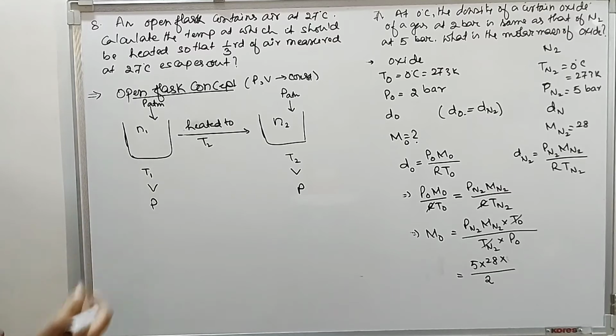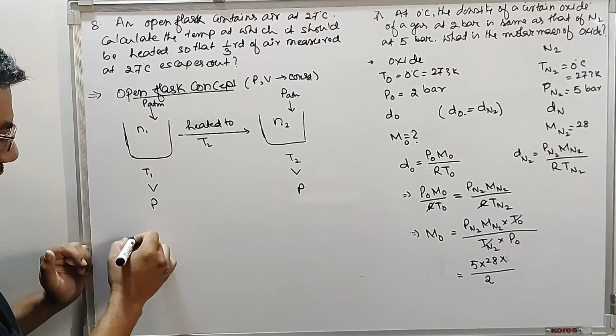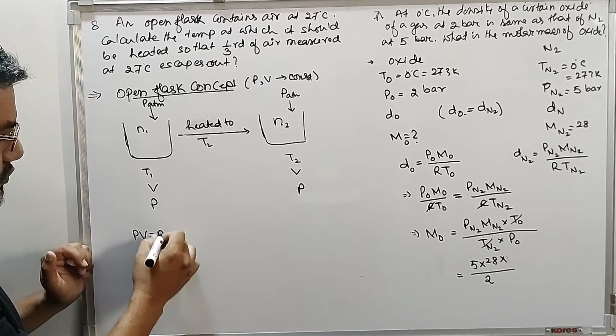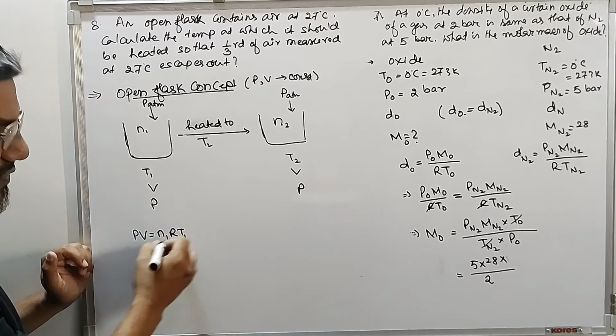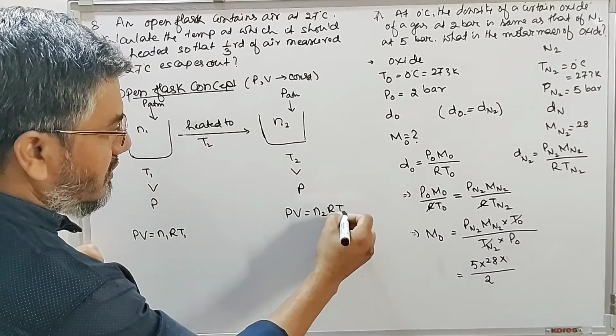So if pressure and volume remain constant, then look at this. The ideal gas equation says PV equals N1 RT1, and PV equals N2 RT2.